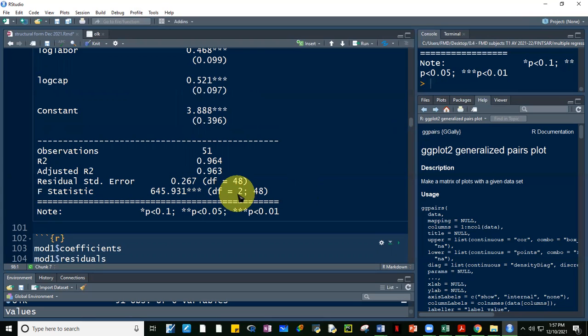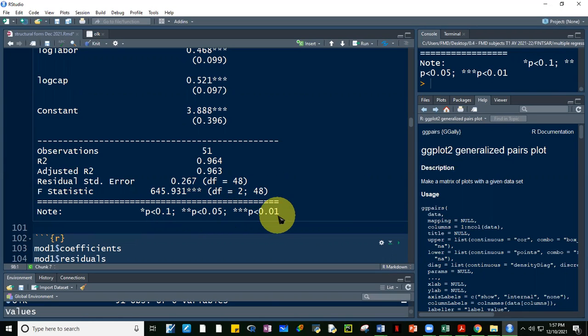Degree of freedom number 1 is the number of regressors. So dalawa, log capital, log labor, and degree of freedom 2, that's your N minus K minus 1. So you have 51 observations, minus K, which is 2 regressors, minus 1 to compensate for the intercept. So that's 48 degrees of freedom 2. Ito yung ibig sabihin ng tatlong stars.